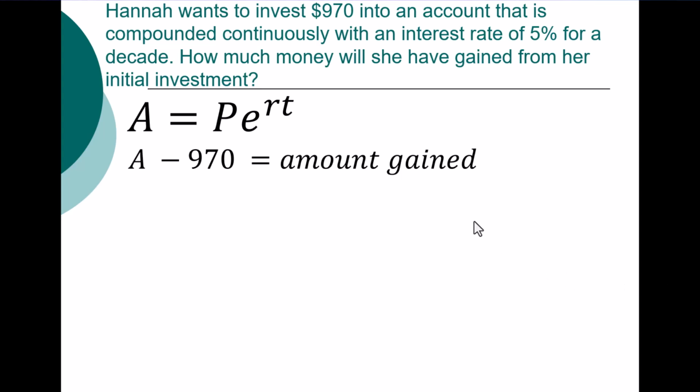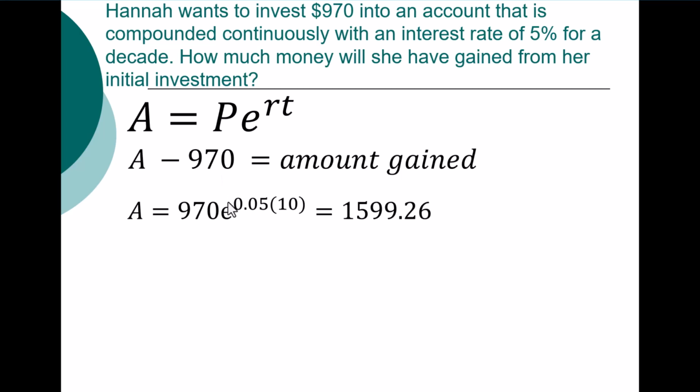Let me look at that, I'm saying it wrong. Okay, 970 is our initial amount, that's P. We're going to subtract that from the total amount, and that's going to be our amount gained, because it's asking how much money will she have gained from her initial investment.